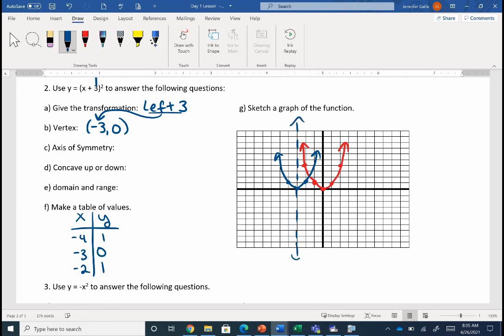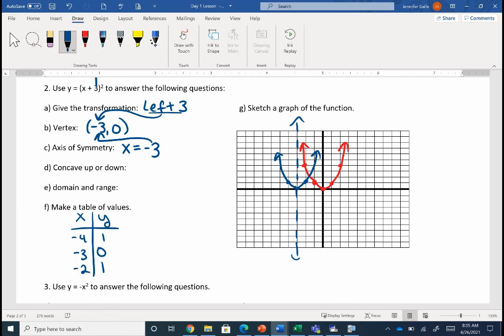If I fold my graph in half along that axis, the 2 sides should match up quite nicely for us. The axis of symmetry is always an x equals since it's a vertical line. And on that line, every ordered pair I could possibly graph, the x is -3. Again, notice that connection between the vertex and the axis of symmetry. As we go through these today, start to notice where those numbers are falling, some of those similarities.